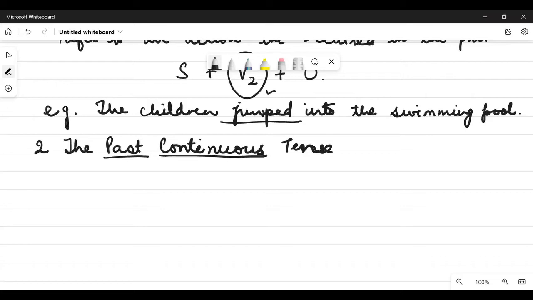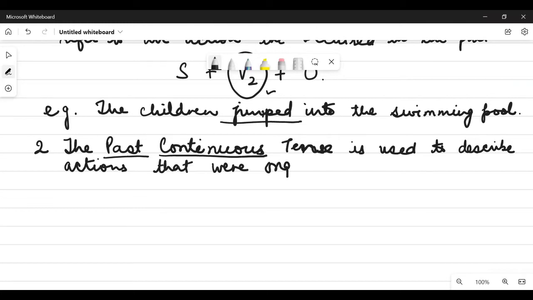So past continuous tense is used to describe actions that were ongoing in the past, right?